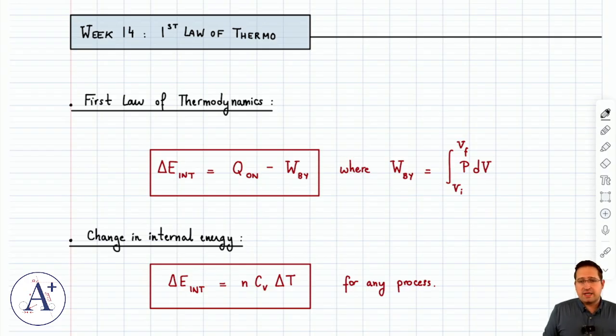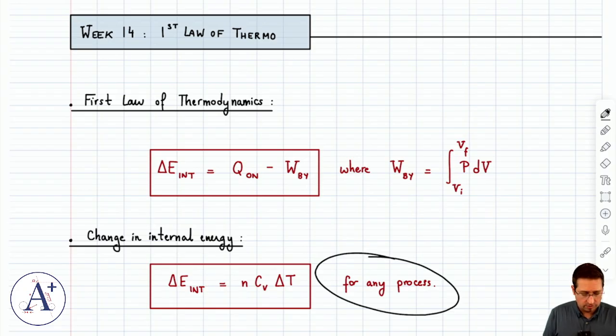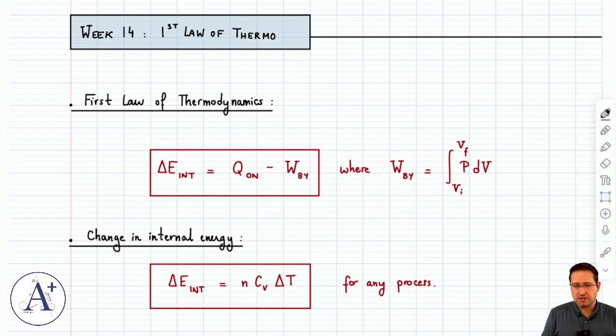Second, internal energy is a state function. What is a state function? You could argue we don't really care, but I'll tell you anyway. A state function is a function whose value is only a function of the thermodynamic state of your gas, meaning that all internal energy cares about is where you start and where you end. It doesn't care how you went from the initial state to the final state. And so delta E internal, as it turns out, we're not going to prove this, but we're going to accept it, for any process that you can encounter will always be nCv delta T. And we're going to define Cv in a second.